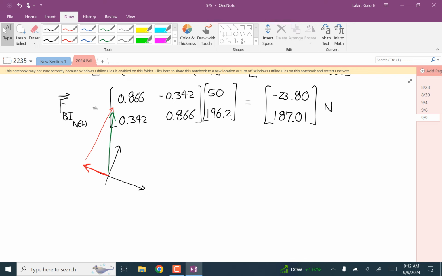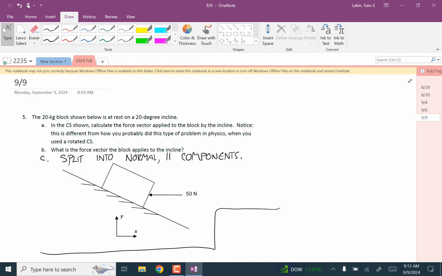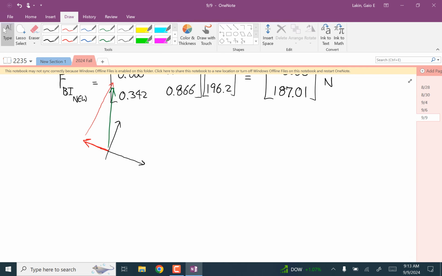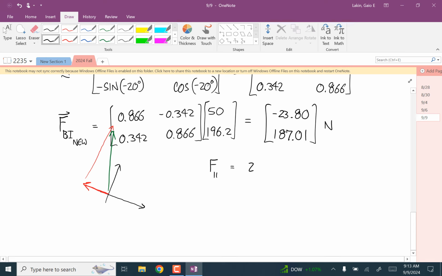Yes? When we give our final answer, would we not need to turn it back to its original coordinate system? This is the answer. It's answering the wording of the question. So what's the force vector? Oh no, split it into normal and parallel components. The one parallel to the surface is 23.80 going this way.